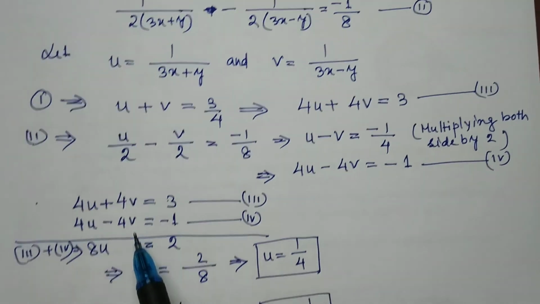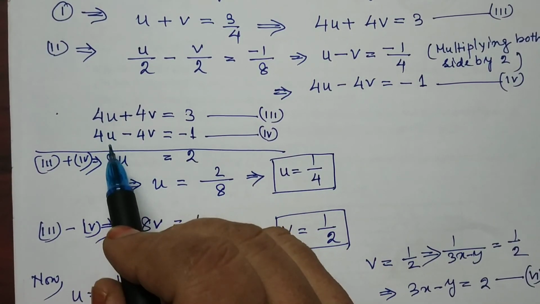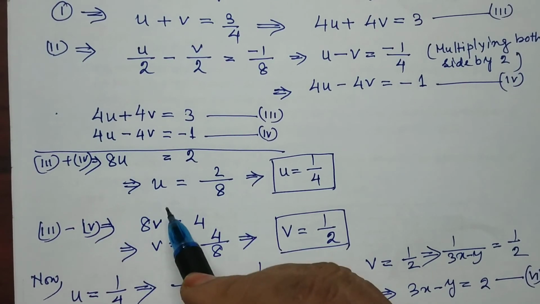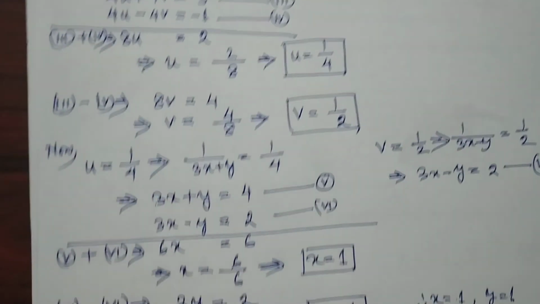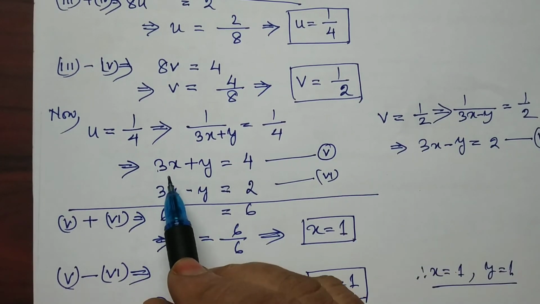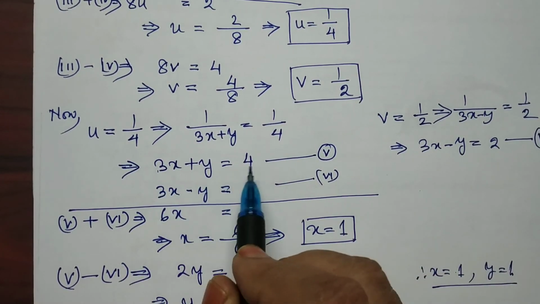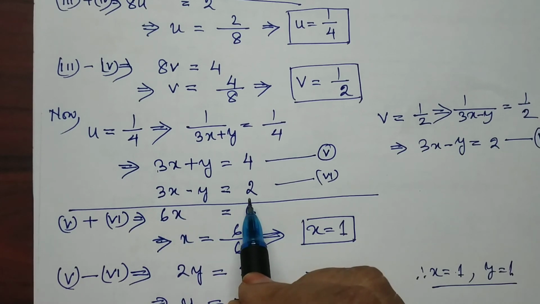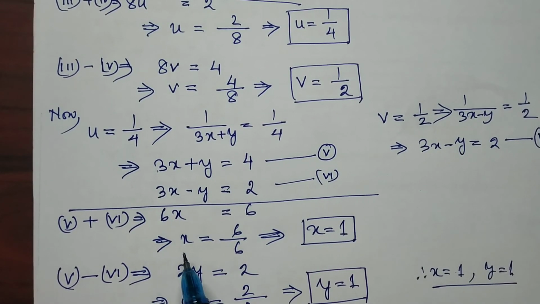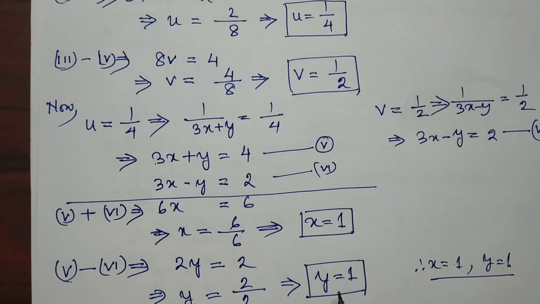Next, by the elimination method, we find the value of u and v. Then we put the value of u and v and get another two equations, 3x plus y equal to 4 and 3x minus y equal to 2. Then from these two equations, again by the elimination method, we find the value of x and y.